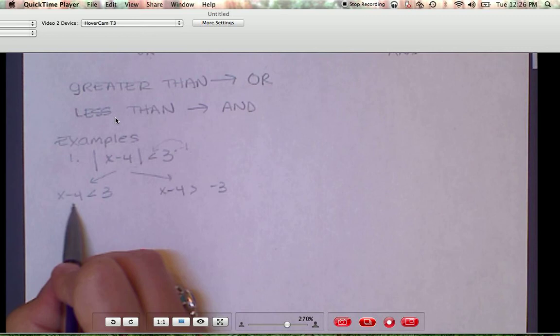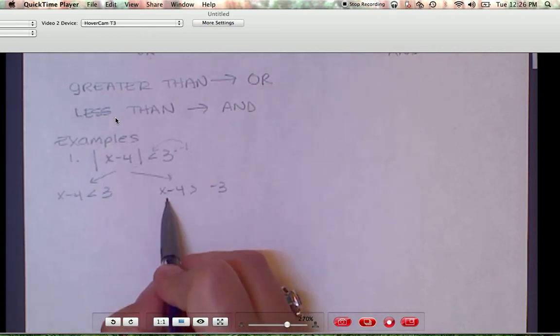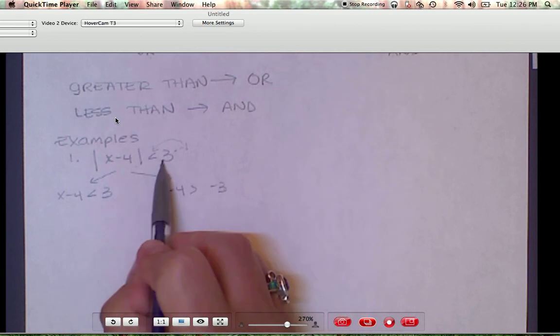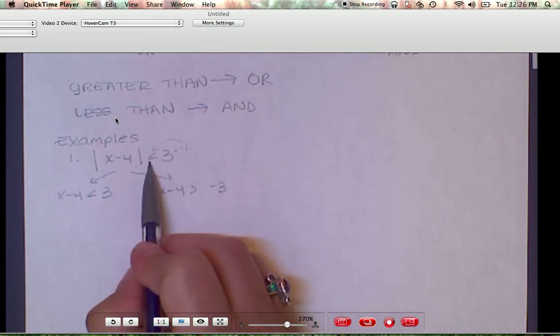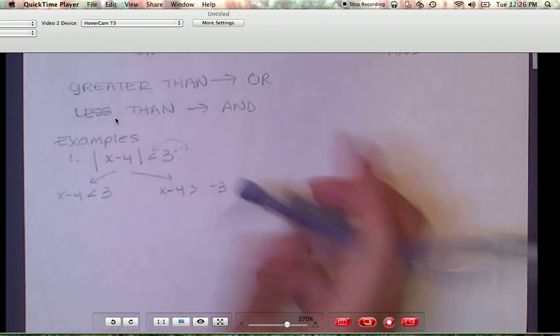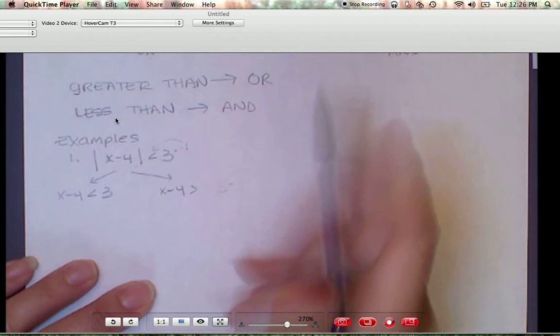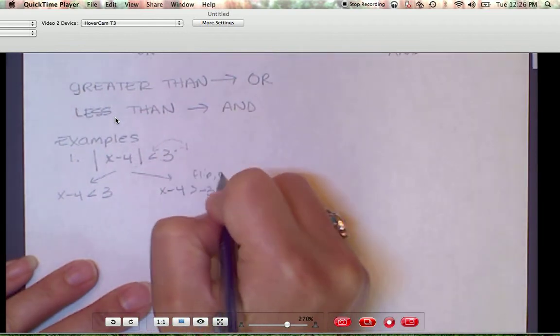So on the left side, all we do is drop the absolute value bars. On the right side, we have to do two things. We're doing the negative version of this constant, and we are also flipping the inequality symbol. So if it was less than, now it's greater than. So there are two different things that you have to do on the right side. You have to flip, and you have to make it negative.